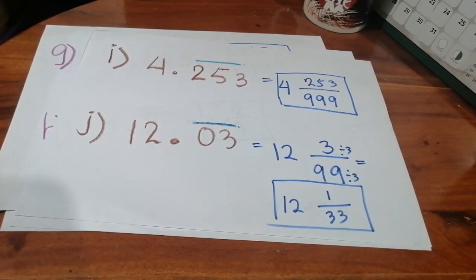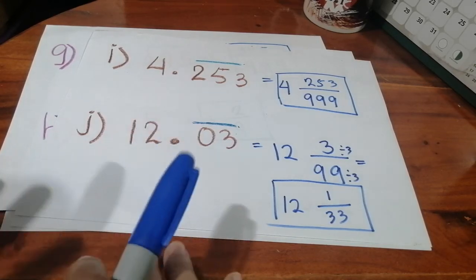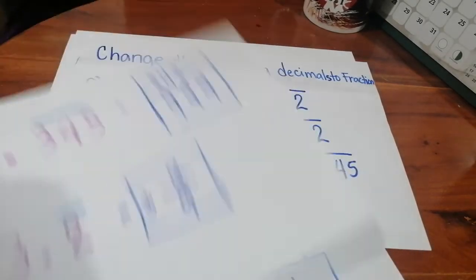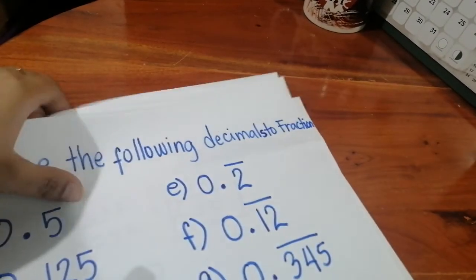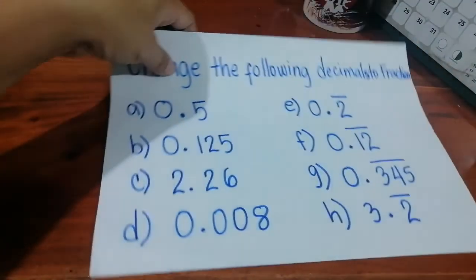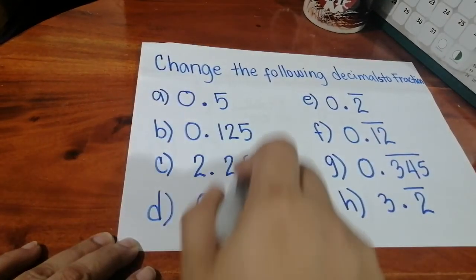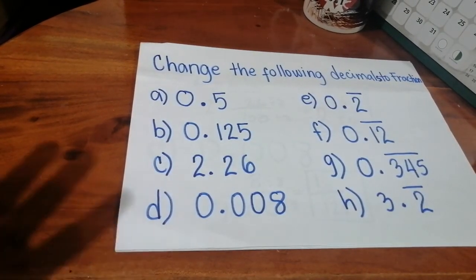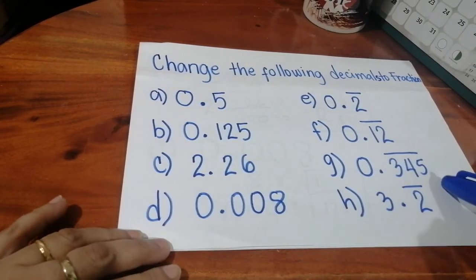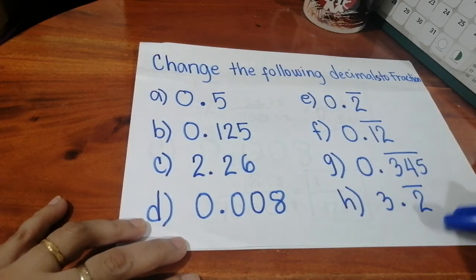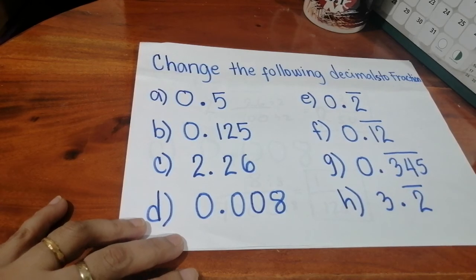So it depends on what kind of decimal it is, if it's terminating or non-terminating. For terminating decimals, ang denominator niya is with zeros. So ito yung mga terminating, nag-e-end siya sa 0. And then simplify. Pero kapag non-terminating and repeating decimals, hindi zeros ang ilalagay natin doon. But instead, the number of digits after the decimal point will tell you how many nines you will put as the denominator.